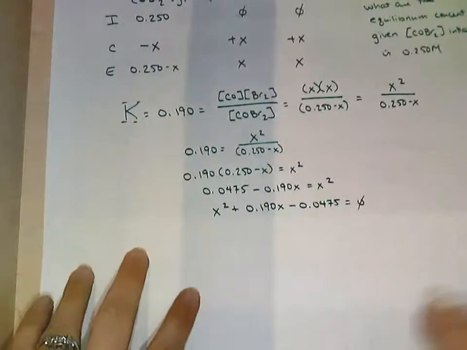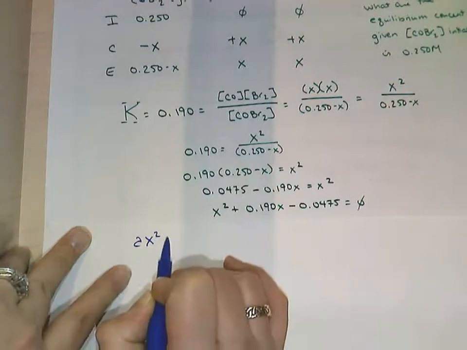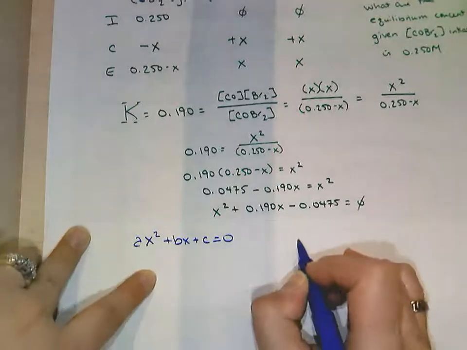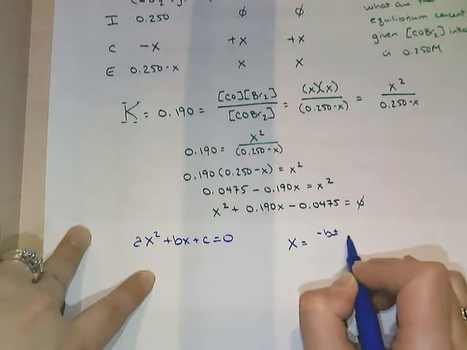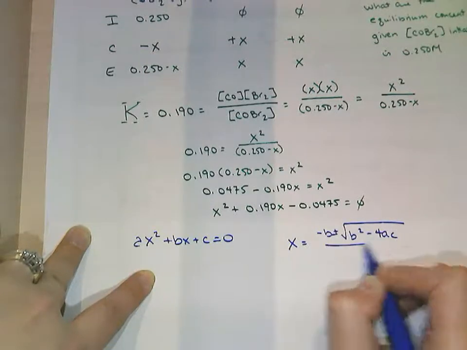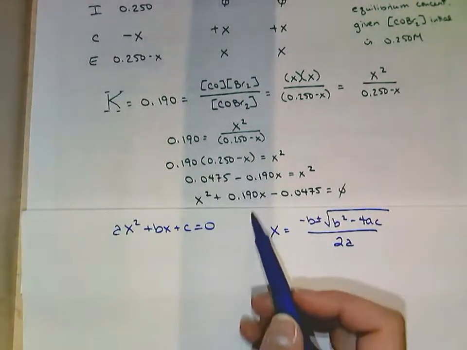So, just as a reminder, the quadratic is ax squared plus bx plus c equals 0, which we usually rewrite in order to solve for x: x equals minus b plus or minus the square root of b squared minus 4ac, over 2a. Now we just plug in these values from our quadratic equation.